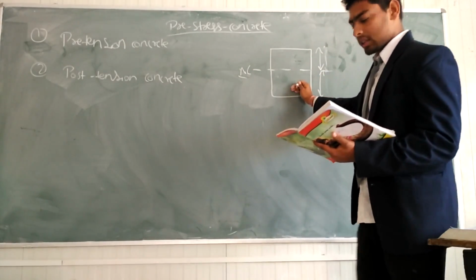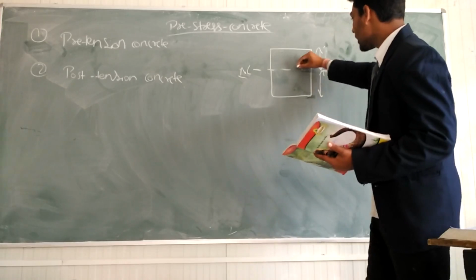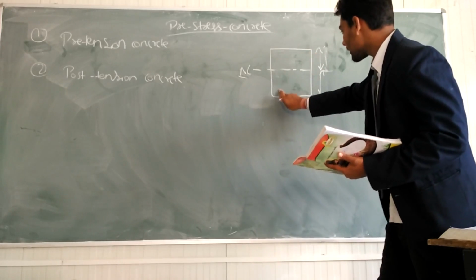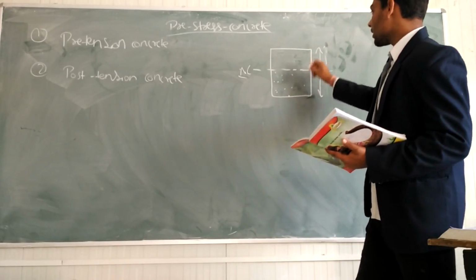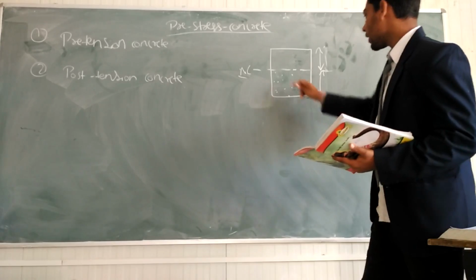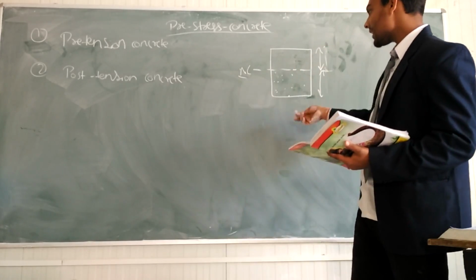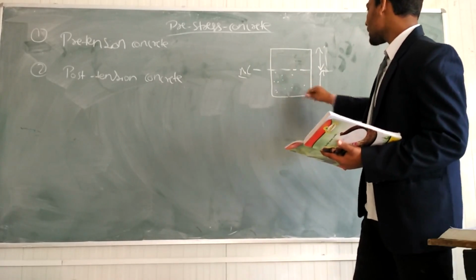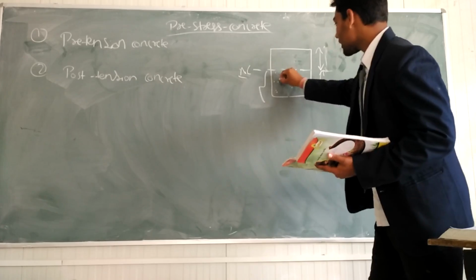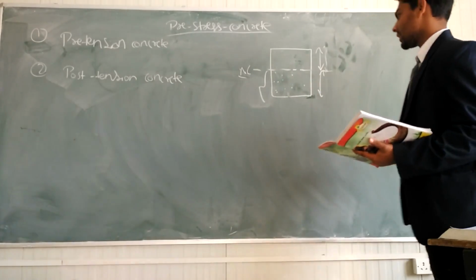So in RCC there is a disadvantage: below the neutral axis, there is less use of concrete. That's why this part only increases the self-weight of the structure.